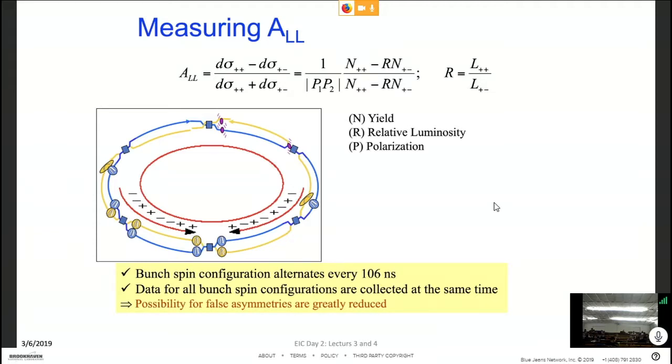However, if the detector is doing something funny between the change of plus and minus, then I will get a false asymmetry. The detector changes can create a false asymmetry, but so can the beam. Suppose the bunches of the beam are filled with the positive direction of the spin differently than the negative orientation of the spin.